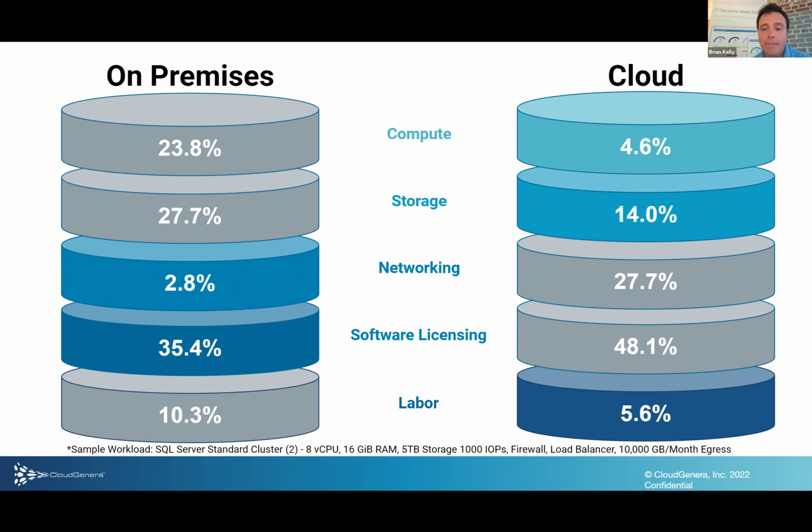Last thing to highlight, labor. Hopefully it's not a surprise, the automation afforded by cloud versus traditional data center. And when I say traditional data center, we're talking about non-converged infrastructure, moving to hyper-converged infrastructure operations, but not the as-a-service model that is prevalent in cloud today.